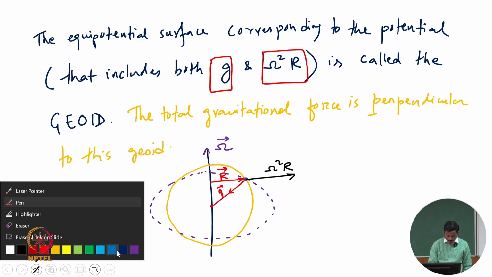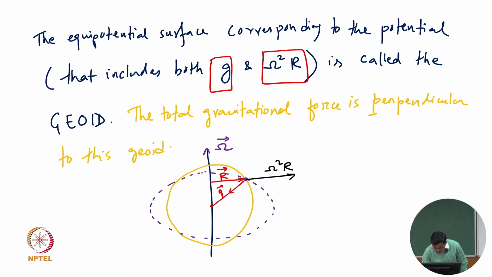So this effective gravity, because we have now included small g and omega squared r, acts in this direction, which is not exactly through the center of the Earth. This is exaggerated, and this is called G prime. This is not exactly to scale.